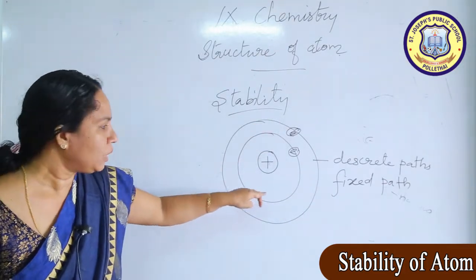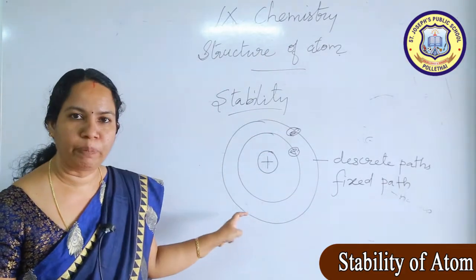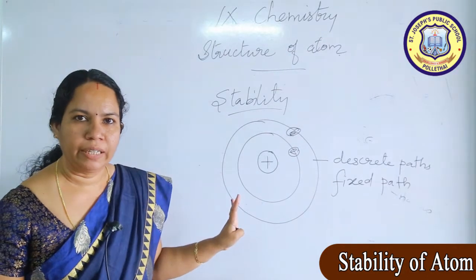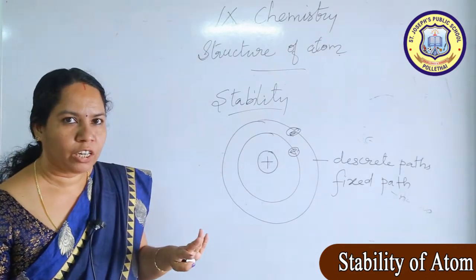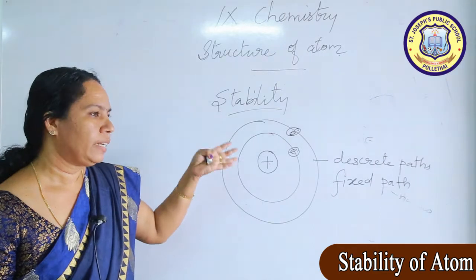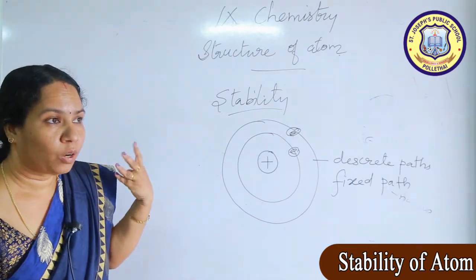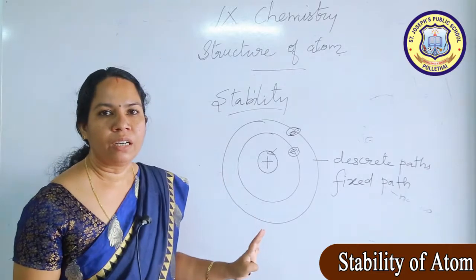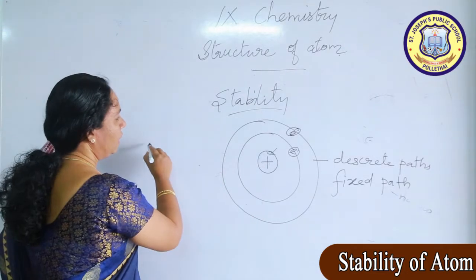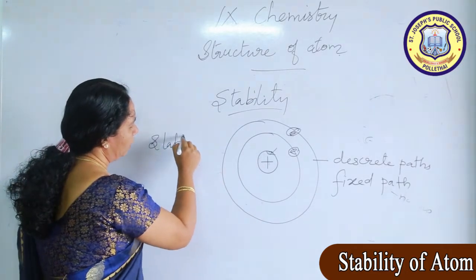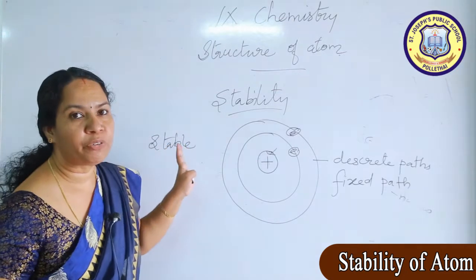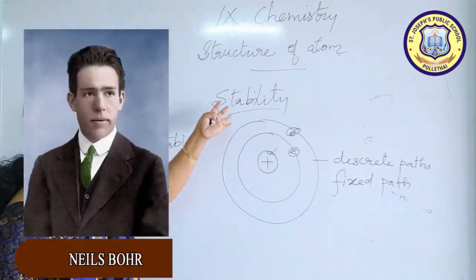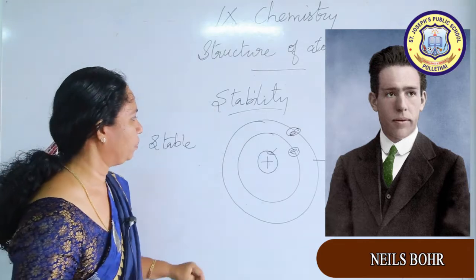Whenever these electrons are revolving through these discrete paths, they will not lose energy. That means they will not lose their whole energy, they will not fall into the nucleus and atom will not collapse, atoms are stable. Stability of atom was successfully explained by Niels Bohr.